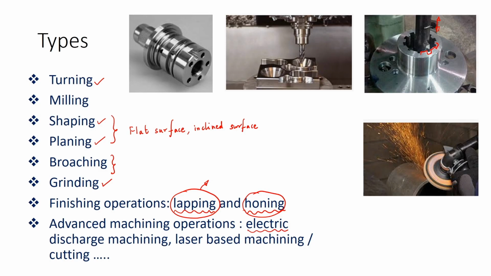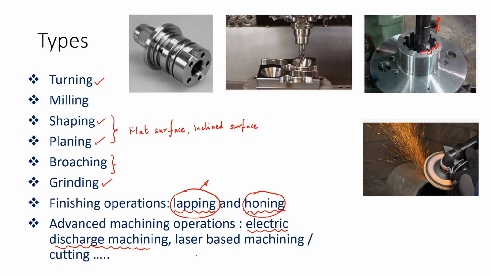So, in this scenario we are using electrical energy to remove the work material and to get the required size and shape or to cut the work part. Another example of a thermal based advanced machining process is laser. Here we are using photon energy to generate heat energy, and that heat energy will be utilized to cut or machine the material.